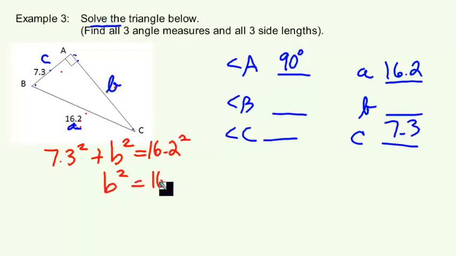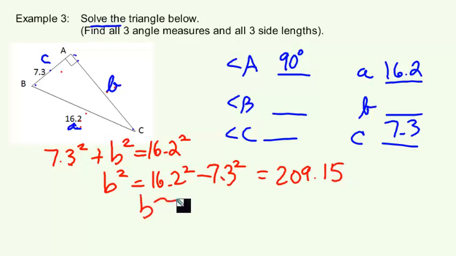B squared is 16.2 squared minus 7.3 squared. So you should get this. By the way, this is 209.15. Take the square root of that to isolate the b, and if you round it off, you get about 14.5. Obviously, I'll just keep the positive answer only.